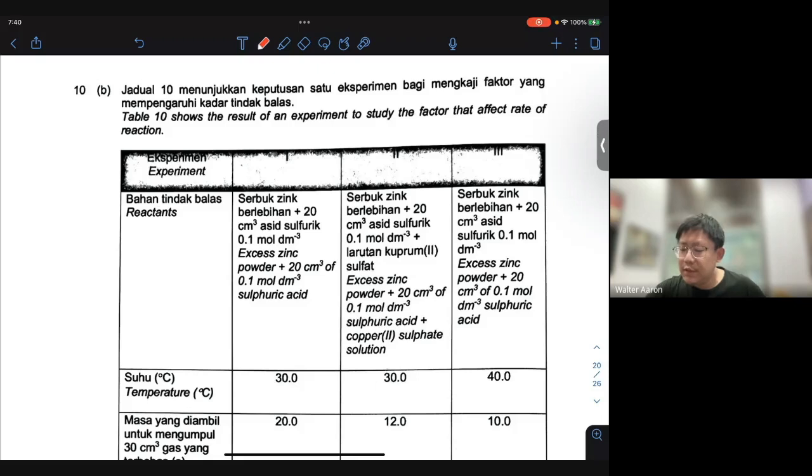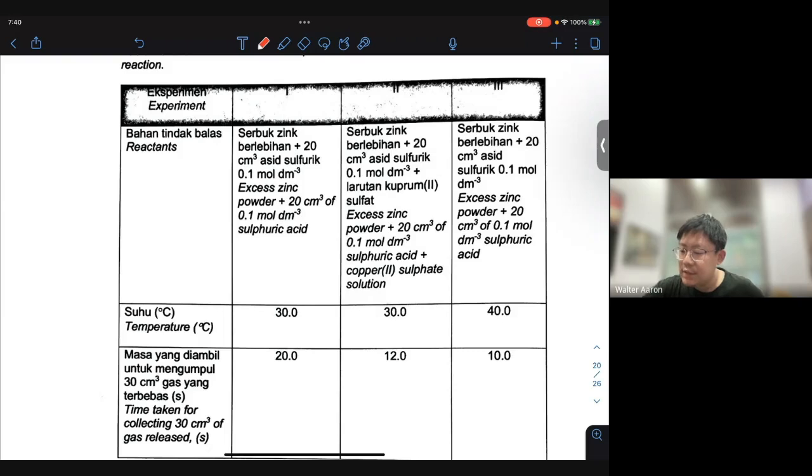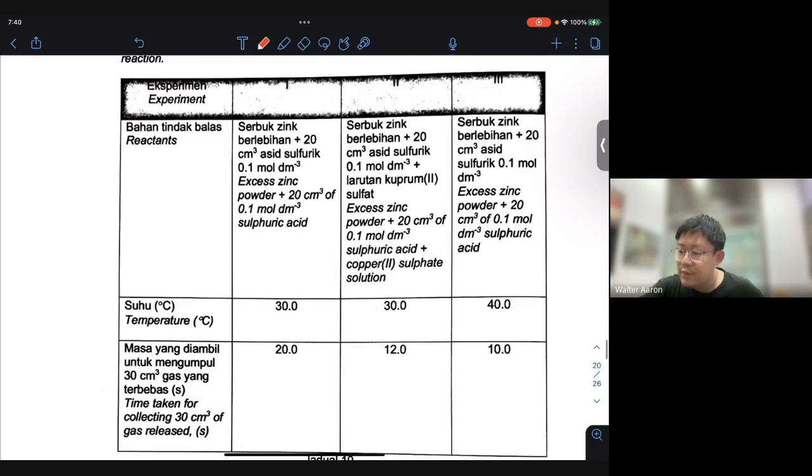All right, next question number 10. Table 10 shows the result of an experiment studying the factors that affect the rate of reaction. So we have zinc plus sulfuric acid. The second one is, again, zinc plus sulfuric acid with copper 2 sulfate. And the last one is excess zinc powder plus sulfuric acid also, but done at a different temperature.